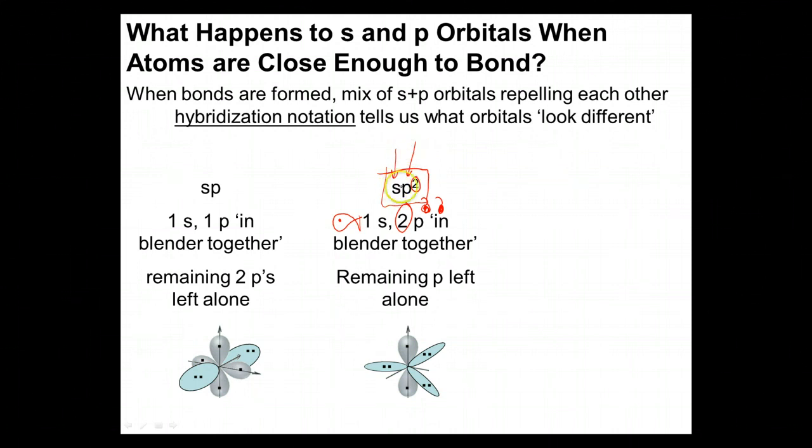Each portion just tastes like anchovy and cherry at the same time. It's going to have a third s characteristic, 2/3 p characteristic, with a total of 3 of these bonding orbitals. And our p orbital that we never messed with remains pointing up and down.